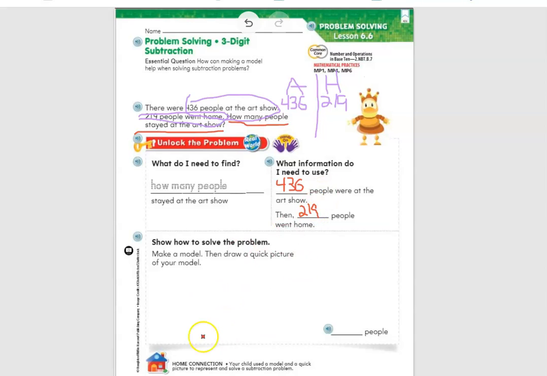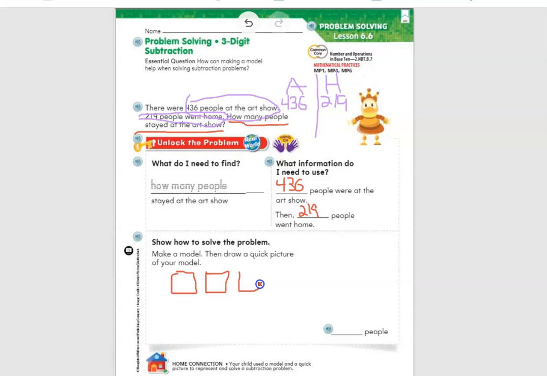Well, when you're working with subtraction, it's very different from addition. Addition, we would draw a model for this one and for this one, and then put it together, right? But we don't do that with subtraction. It's the inverse operation of addition. So if addition was this number plus another number equals this number, we're going to work backwards, and we're just going to start with the main model, 436. So I'm going to draw 4 flats.